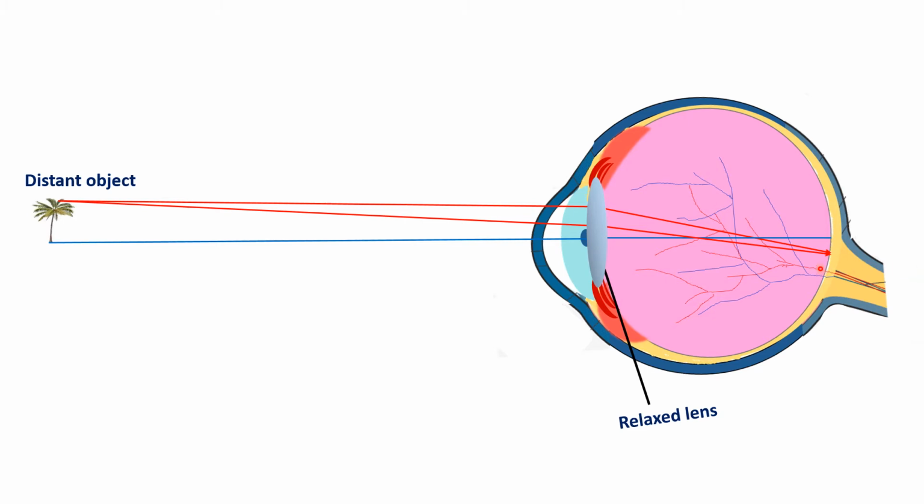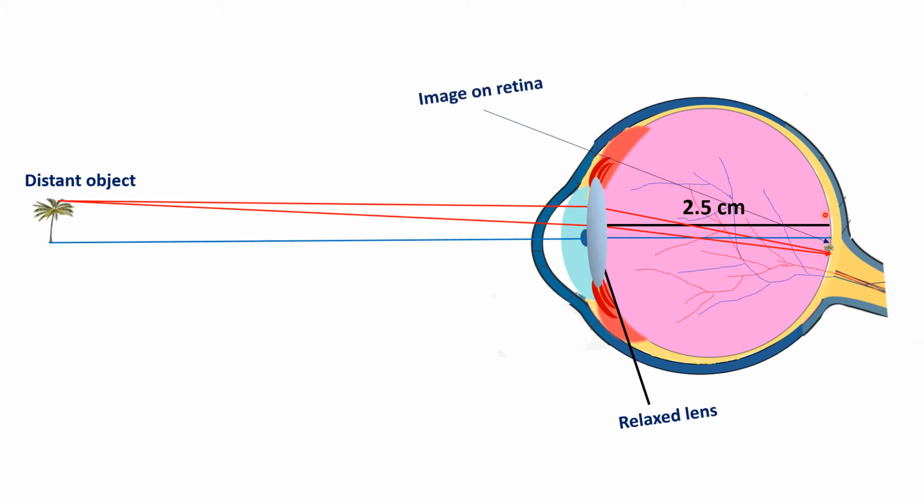These two rays are meeting here on the retina, hence the image of this object will be formed here. Observe carefully. A small image has been formed here. At what distance has the image been formed? A distance of 2.5 centimeters only, because it's a fixed image distance. Eye has the fixed image distance of 2.5 centimeters.